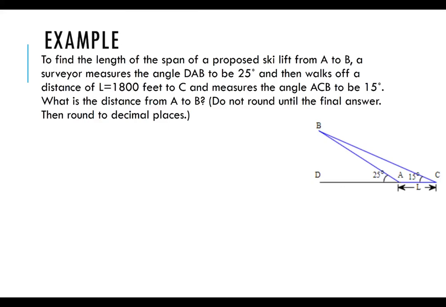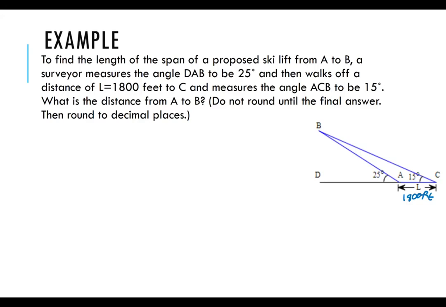To find the length of the span of a proposed ski lift from A to B, a surveyor measures angle DAB. Alright, DAB, recognize that that's just this angle, and discovers it to be 25 degrees. And then they walk off a distance L of 1,800 feet to the point C, and they measure the angle ACB to be 15 degrees.